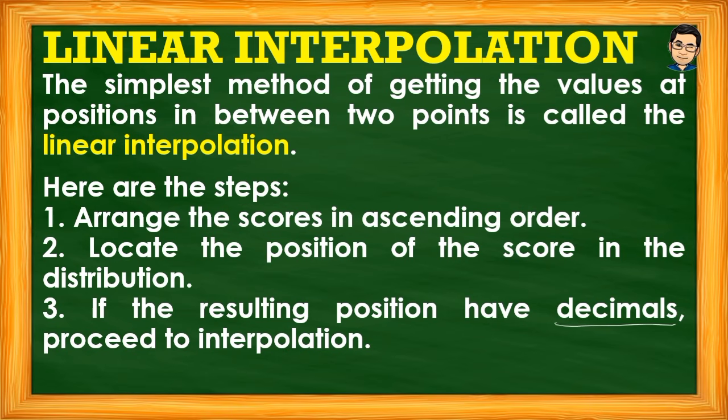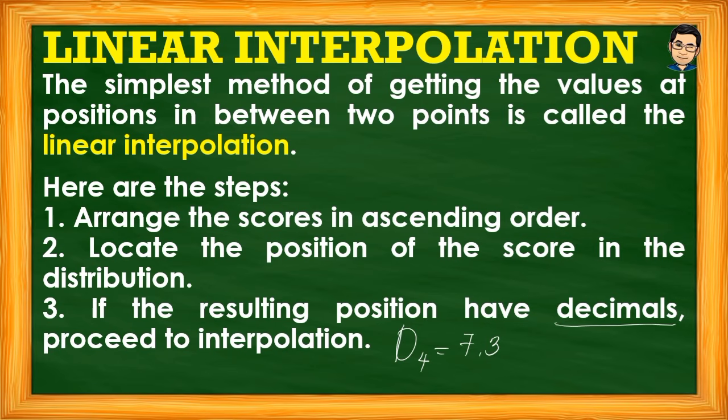If the position we get, for example for decile 1, is exact, it has no decimal, so we do not need to use linear interpolation. For example, if the value we got for decile 4 is 7.3, as you can see, it has decimals.